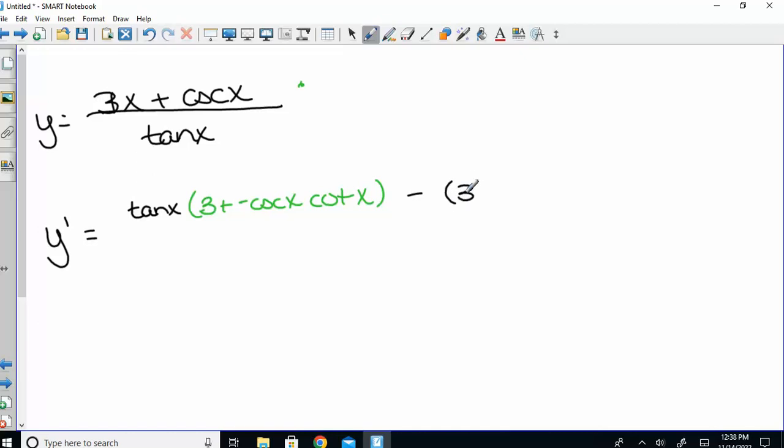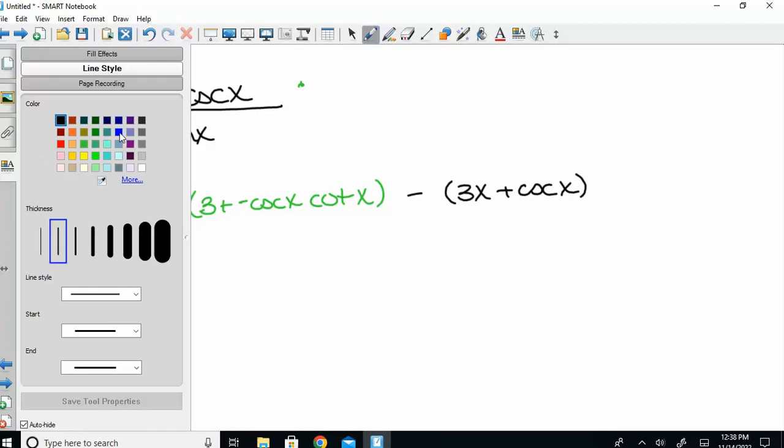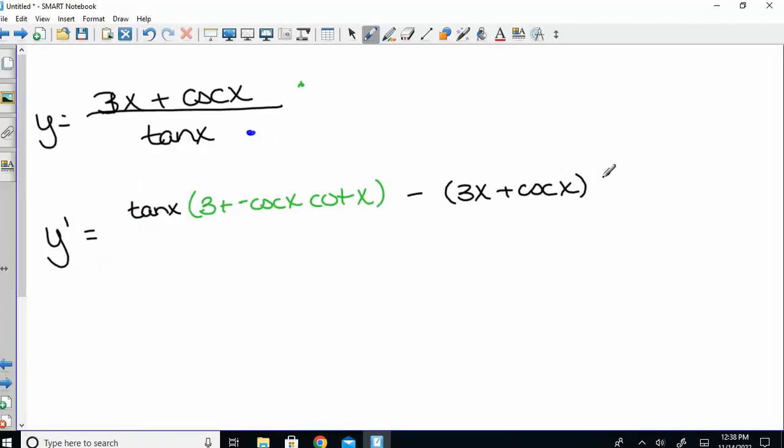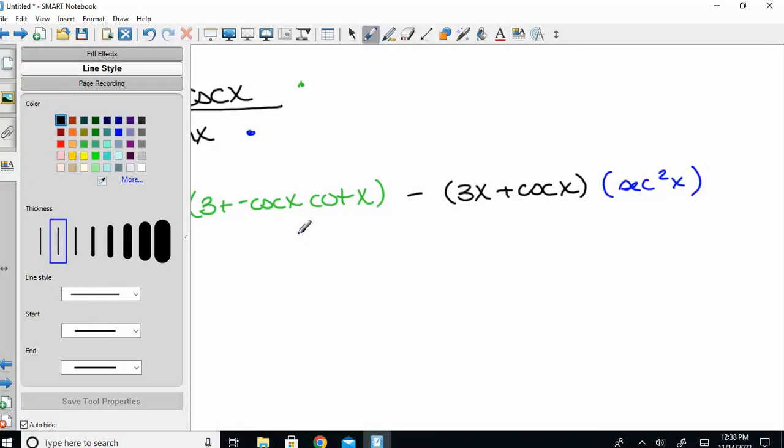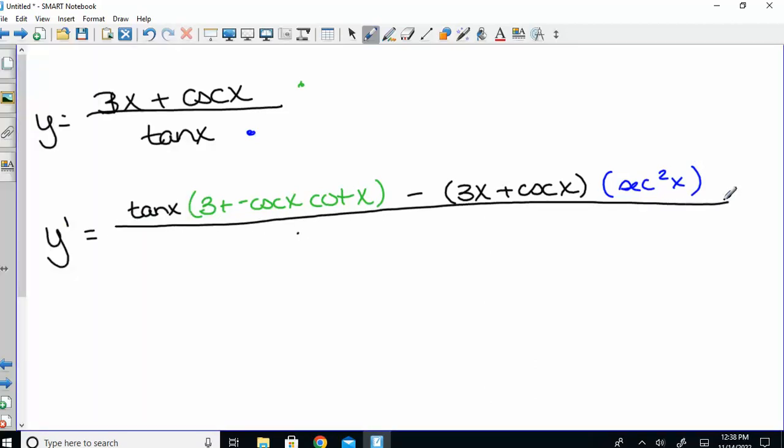Low d high minus high d low. What is the derivative of tangent x? Secant squared x. All over low square.